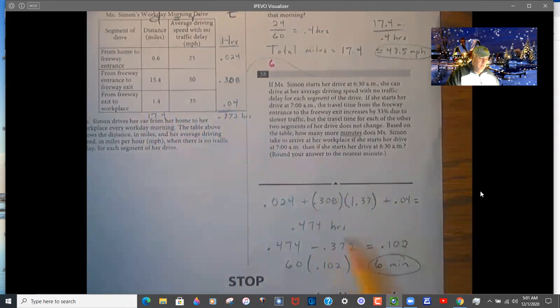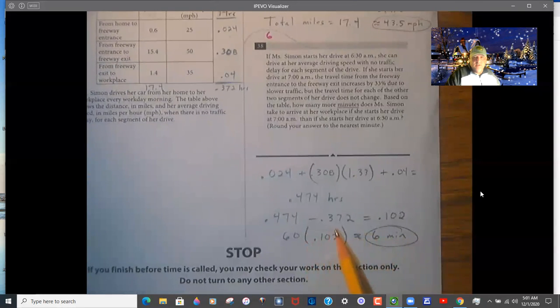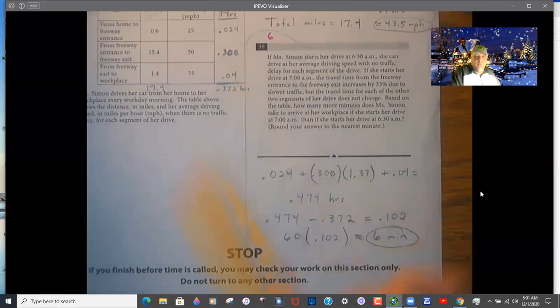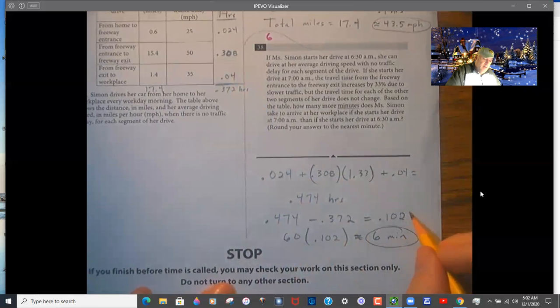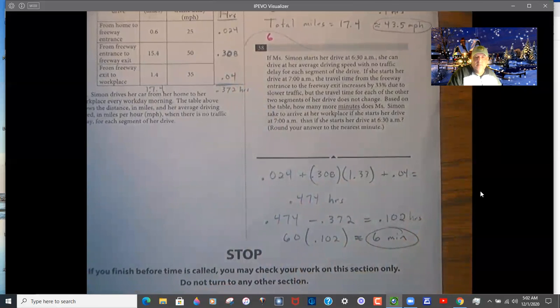That would give you the total hours. And then you're just going to subtract that from the original if you just normally drove without that increase. And so that's 0.102 hours. So that needs to get multiplied by 60 to turn it back into minutes. So this is hours and then multiply by 60.